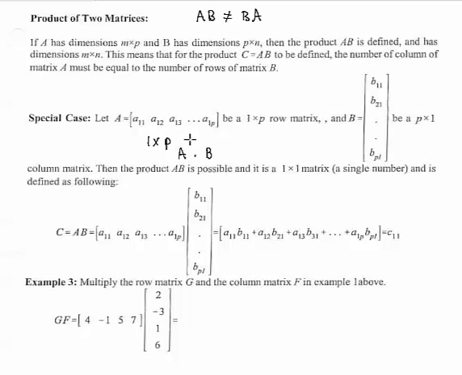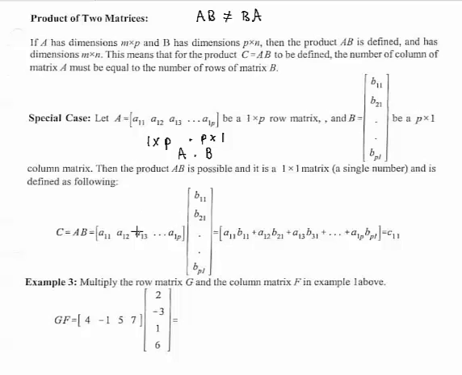Then if we multiply that by B and it's a column matrix, we have to have the same number of rows, with the second dimension being 1. If you multiply a row times a column matrix, you end up with a single number, a 1 by 1 matrix.